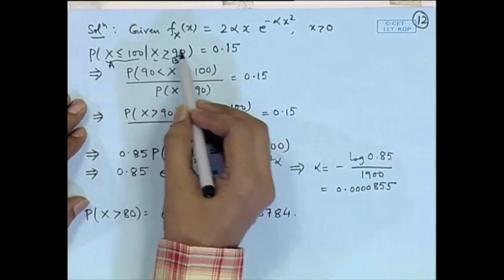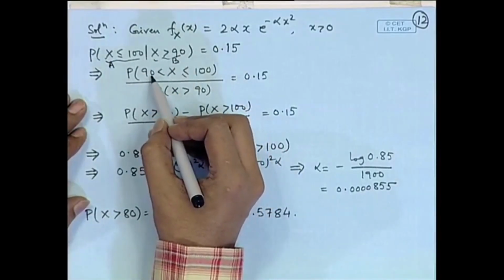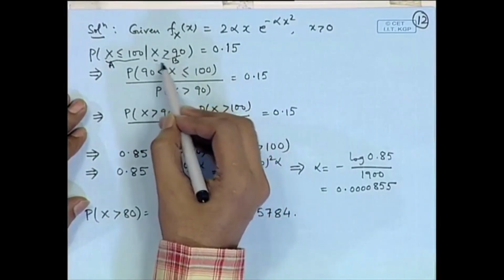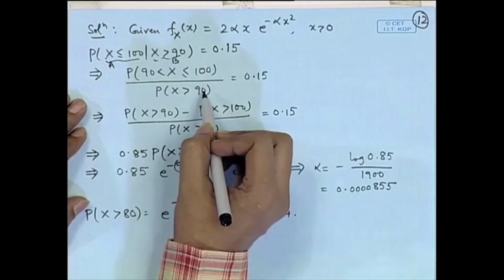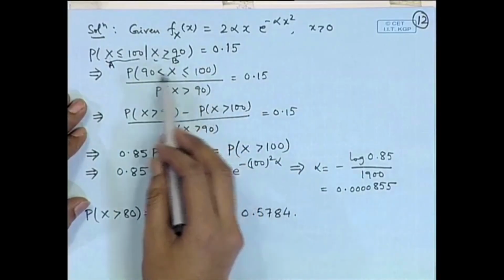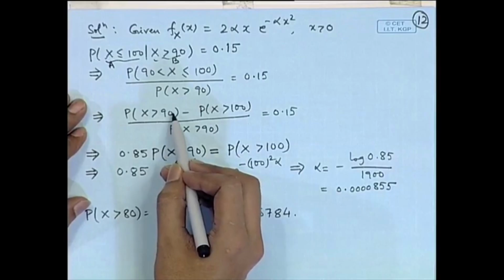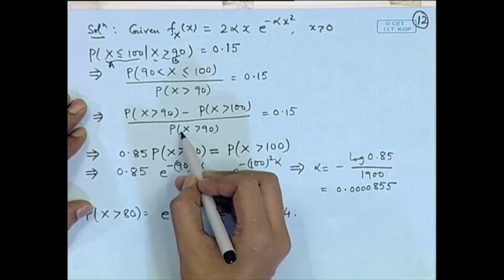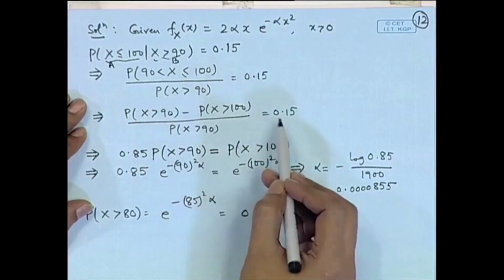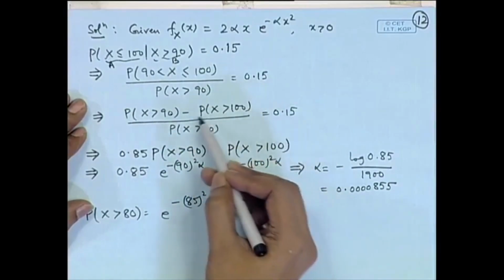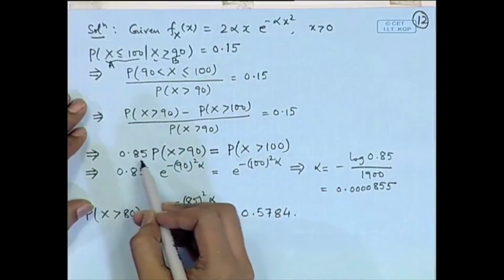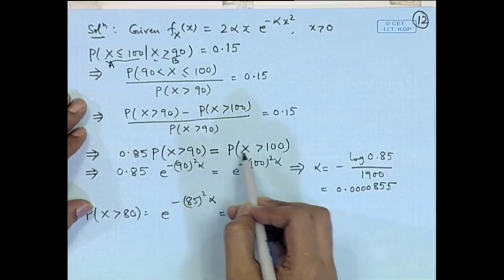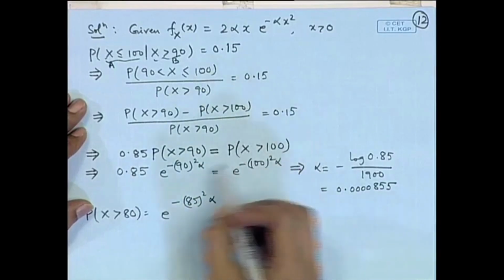So, probability of A intersection B becomes that x lies between 90 to 100 and probability of B is x greater than 90. So, the numerator is the difference of the reliabilities at 90 and 100 hours divided by the reliability at 90 hours. So, we can simplify these terms. So, it is 0.85 probability x greater than 90 is equal to probability x greater than 100.